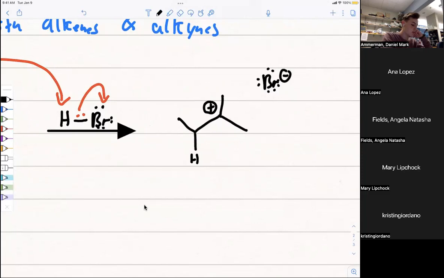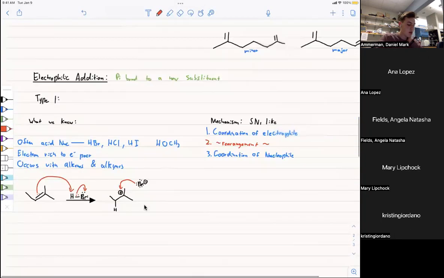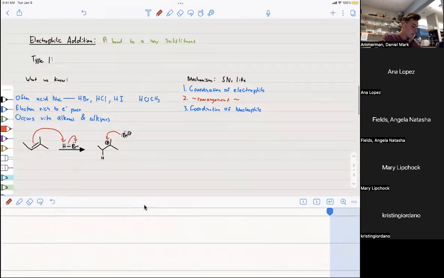The last step is just to add. We don't have to rearrange because these are both primary, this is secondary, and we're on tertiary. So we're as good as we're going to get. And the bromine is going to add on where that plus is. That is our coordination of the nucleophile step.